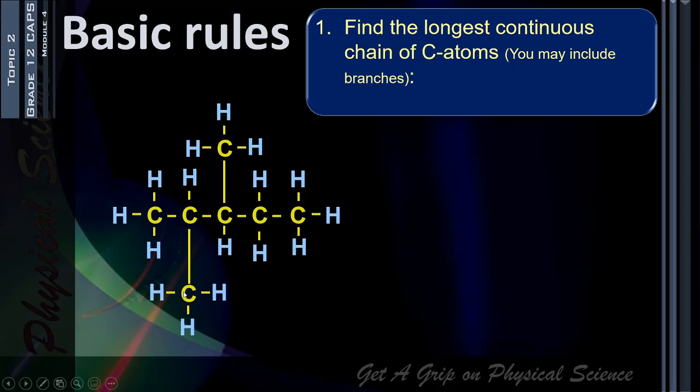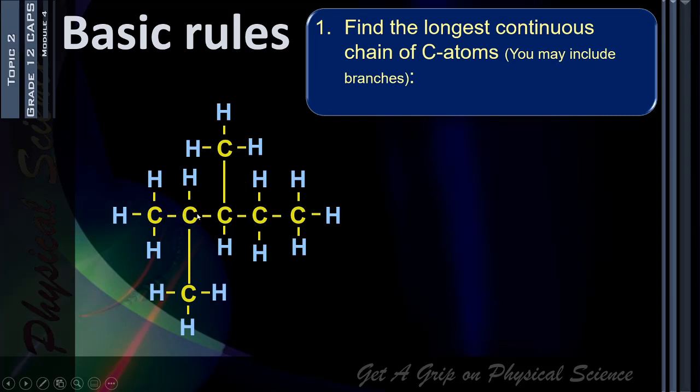If you start at the bottom and you go all the way to the top, the amount of carbons will be 4. If you start at the bottom and you go all the way to the right, there will also be 5 carbons in the chain. So the longest possible chain in this molecule will be 5 carbons.